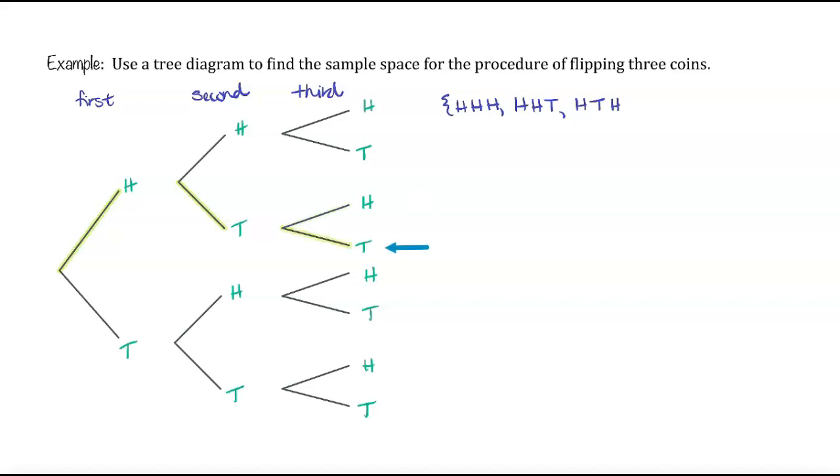And the fourth represents the simple event of the first coin landing on heads, second on tails, and third on tails. And we can list out the last four simple events in the same way. Now we have the sample space for the procedure of flipping three coins.